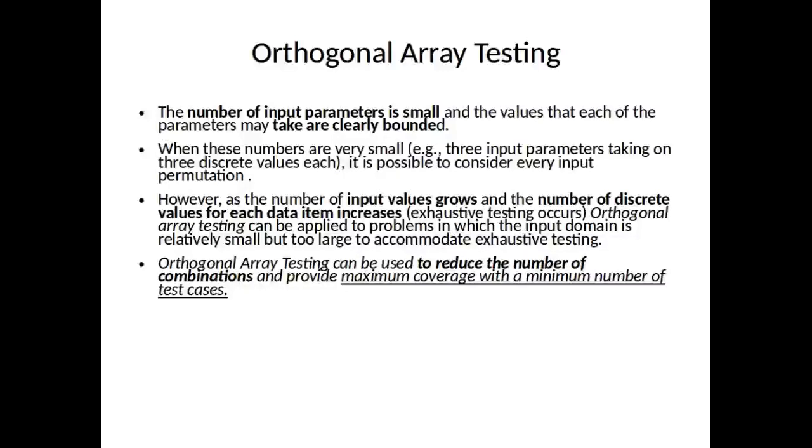However, as the number of input values grows and the number of discrete values for each data item increases, orthogonal array testing can be applied to problems in which the input domain is relatively small but too large to accommodate exhaustive testing.